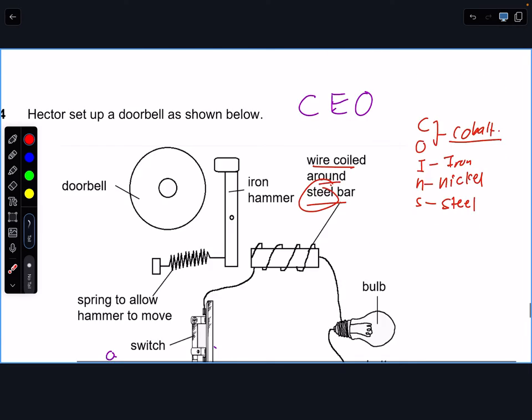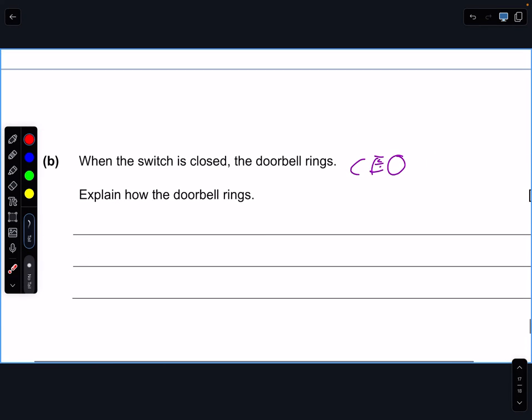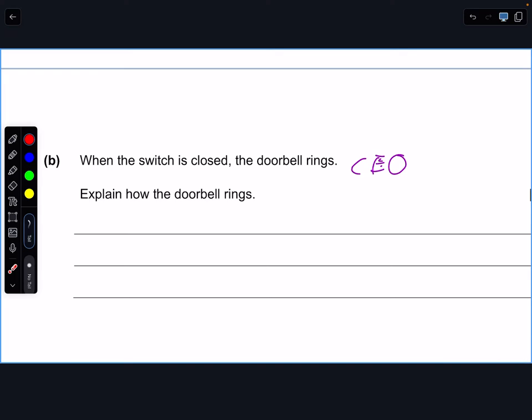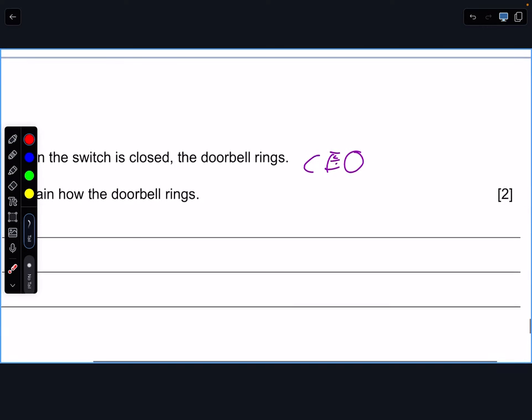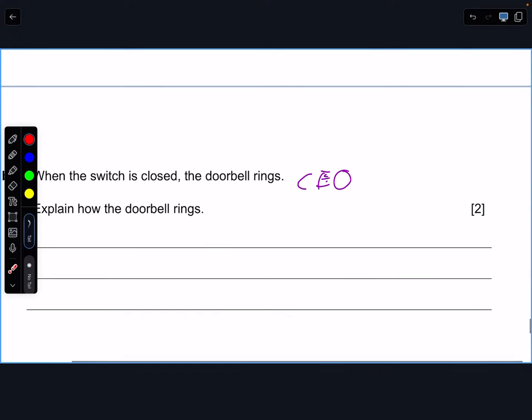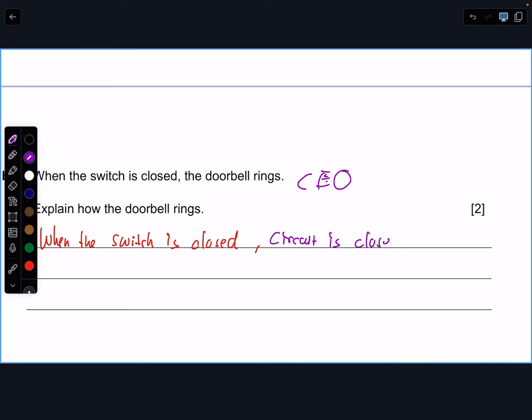Okay, so let's answer this. Explain how the bell rings. Okay, so first thing, when the switch is closed. Okay, my first C: circuit is closed.